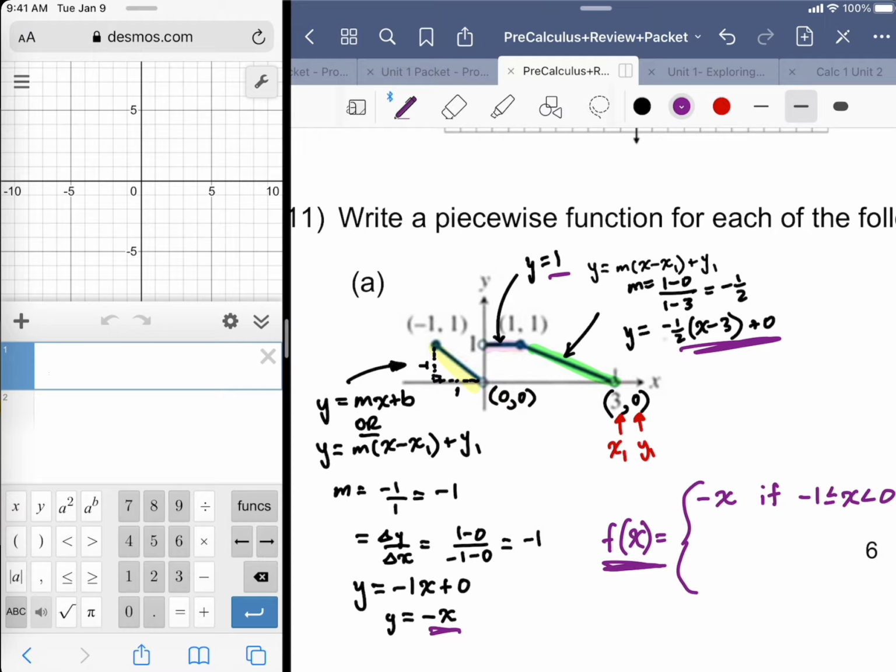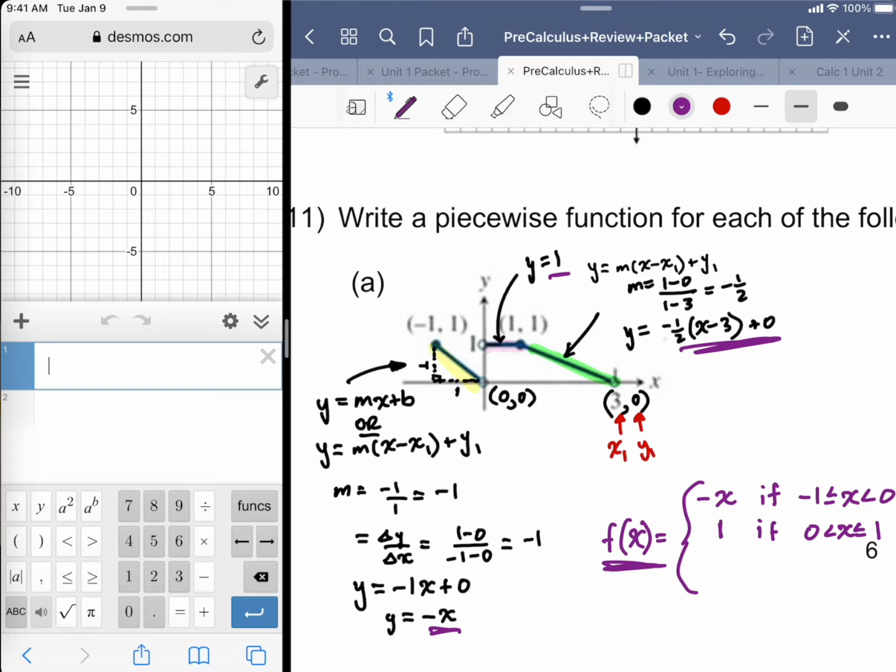The second piece has a y value of 1. That's only if we're living in the interval going from 0 to 1. The x value of 0, the x value of 1, that's the interval that we're living in. So from 0, open circle, so 0 less than x less than or equal to 1.